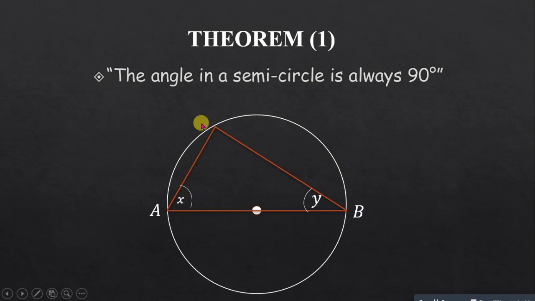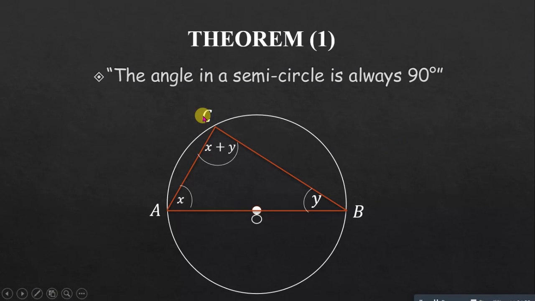Therefore, if this side alone is 90 degrees, then X plus Y will also give you 90 degrees. Now, how do you comprehend this and add it to what we have learned already? It means that when I add X and Y, I will get this angle. Okay, so X and Y give you this angle, which is 90 degrees. You can pause the video and replay it at any time you want to understand it more.